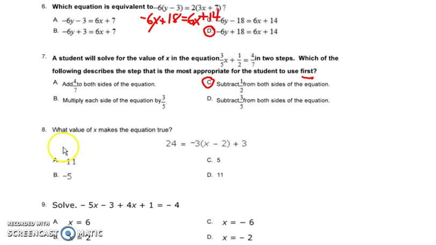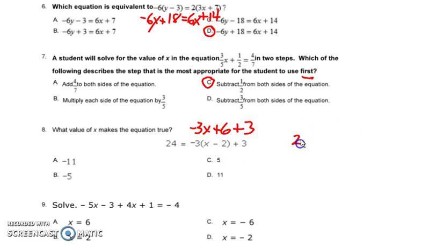And what value of x makes the equation true? 24 equals negative 3 times x minus 2 in parentheses plus 3. Well, let's simplify that. Negative 3x, negative 3 times negative 2 is 6 plus 3. So 24 equals negative 3x plus 6 plus 3, or negative 3x plus 9.